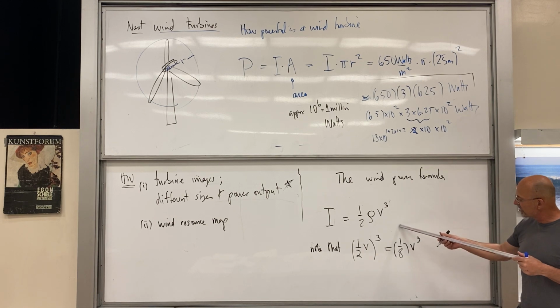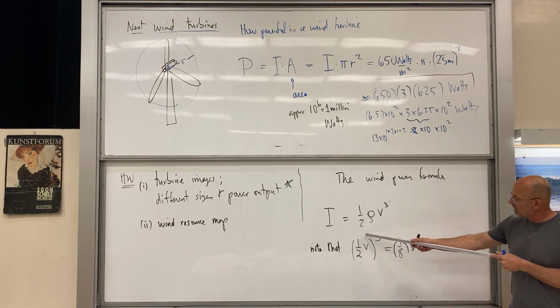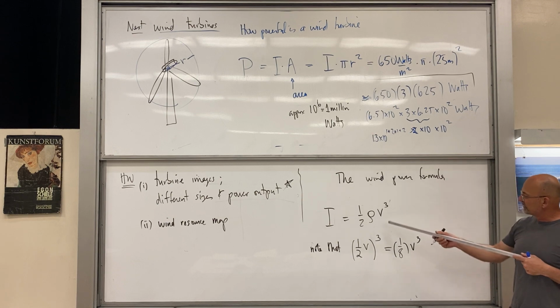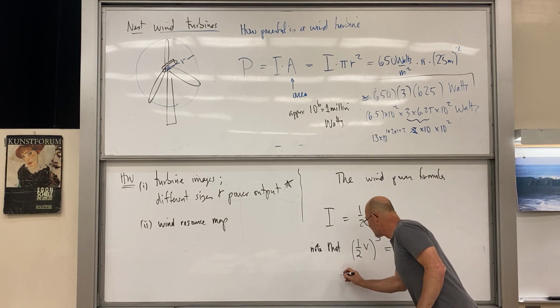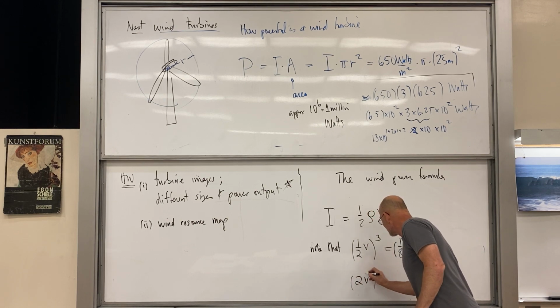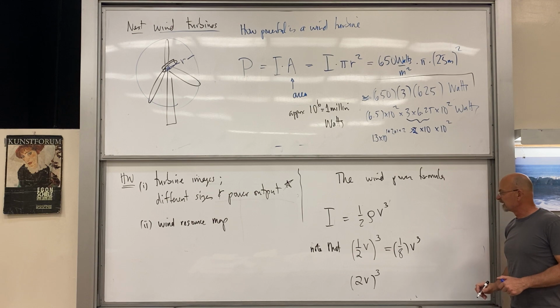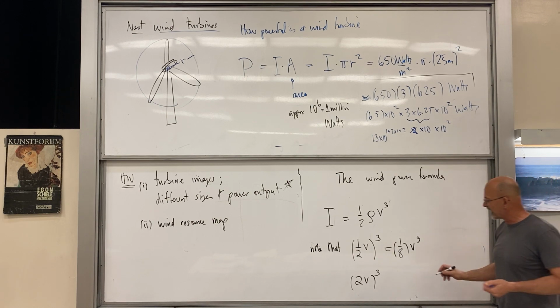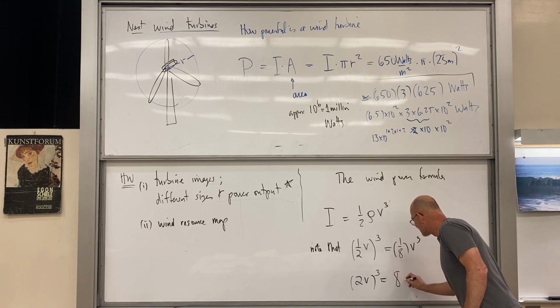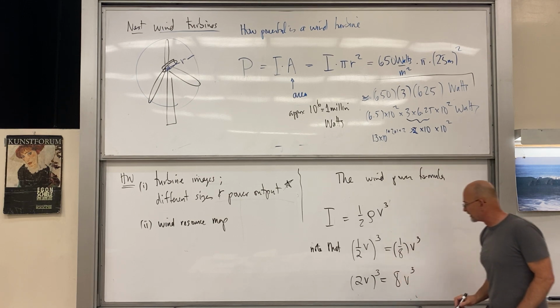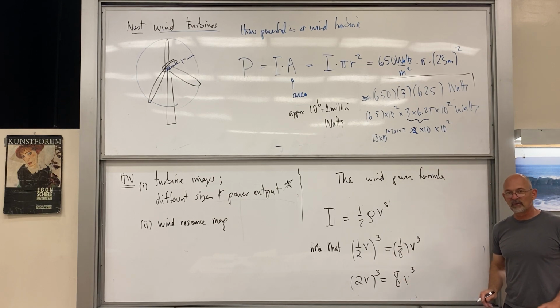Okay, so it's a very strong velocity dependence. If the speed doubles, okay, from say 10 meters per second to 20 meters per second, then 2 cubed is 8. V cubed. So now you suddenly have 8 times the power, and things are actually starting to get dangerous.